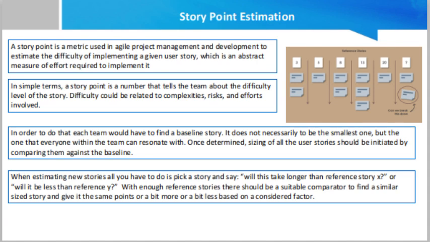It's useful to have a completed matrix on hand for the estimators to reference during planning poker, as it allows for greater consistency across tasks. Also, it is useful to set a maximum limit, 13 for instance. If a task is estimated to be greater than that limit, it should be split into smaller items.